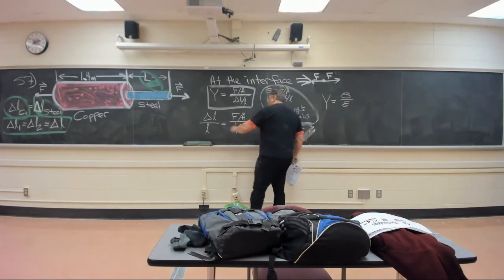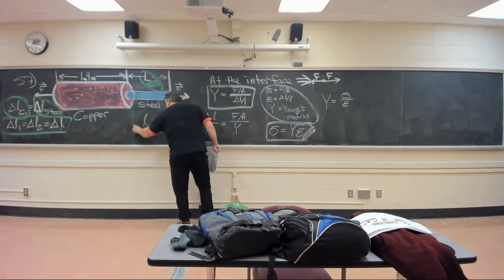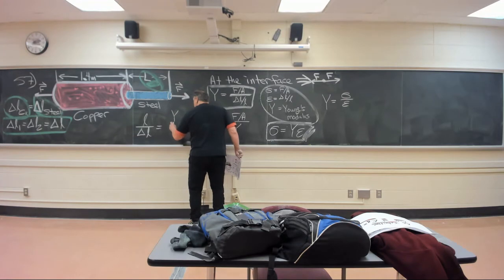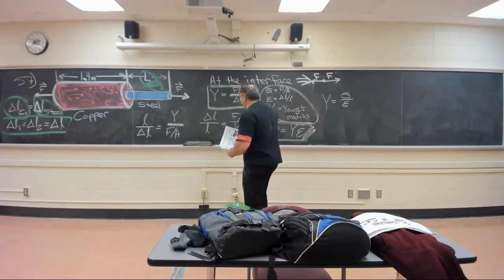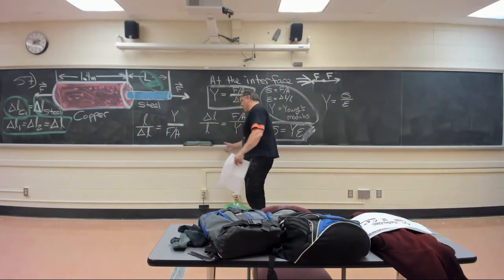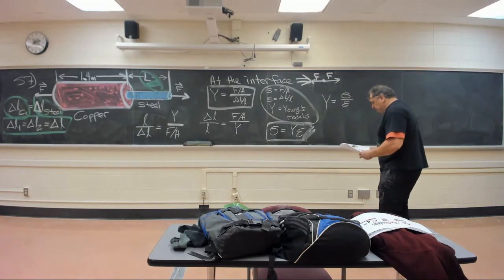If two things are equal and they're non-zero, their reciprocals are equal. So we end up getting L over delta L is equal to Y over F over A. Now, is that useful or not useful? I don't know. It's maybe a horse apiece. But this equation is born from that equation, or that equation is born from this equation. Doesn't really matter. They are derived from one another.